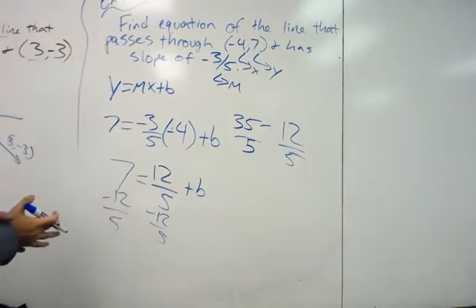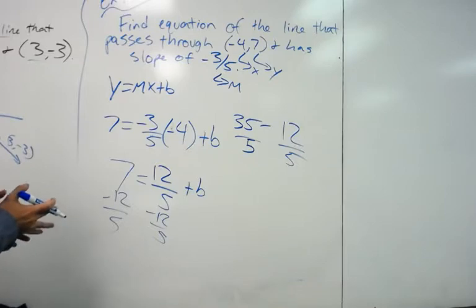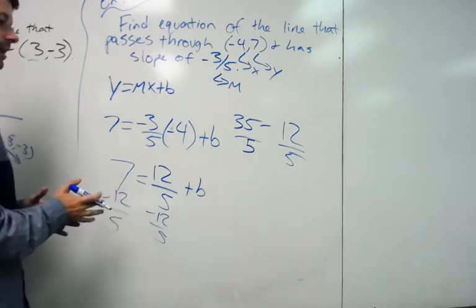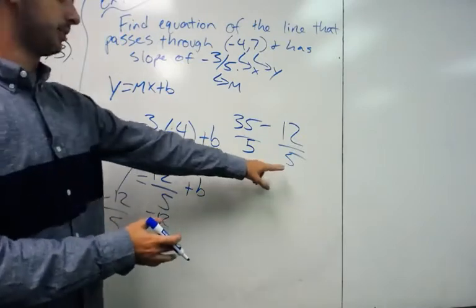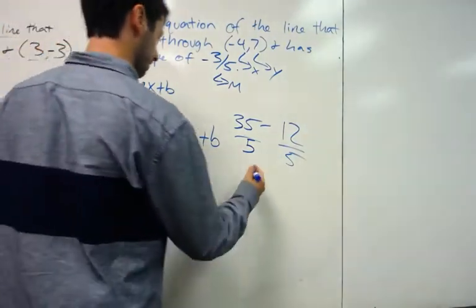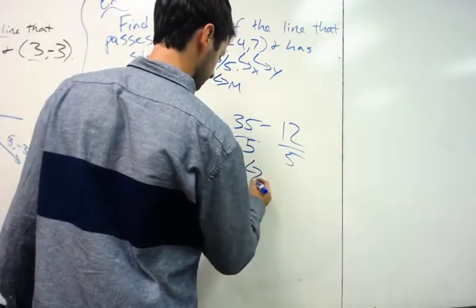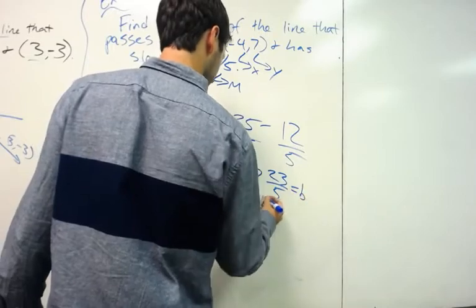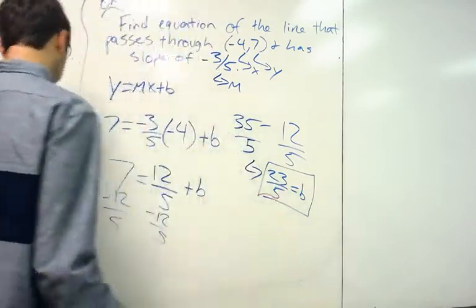So there you get 35 over 5, still the same as 7 over 1, but 35 over 5 minus 12 over 5. Now that it has the same denominator, we can subtract. So 35 minus 12 is 23 over 5. And we just solved for b.